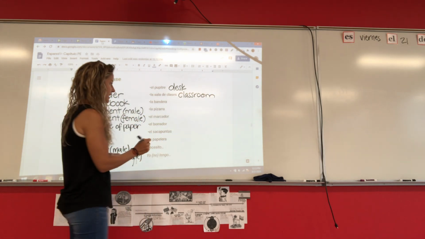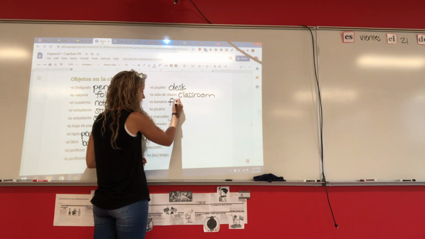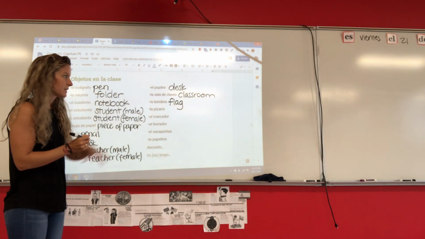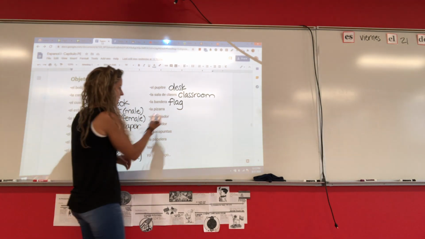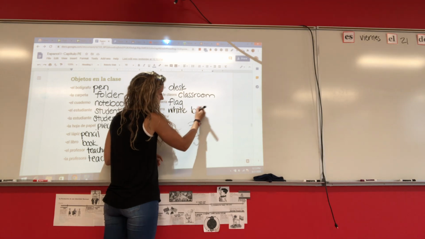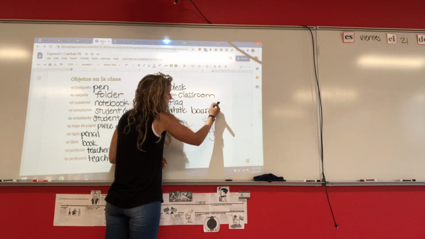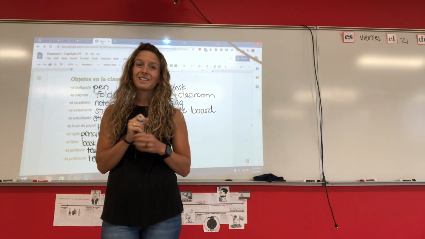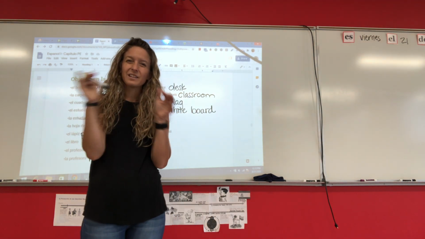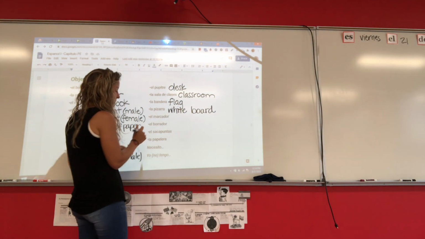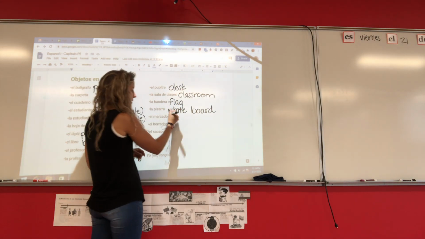All right? La bandera is the flag. La pizarra is like the board, the whiteboard. Okay, if we use those small marker boards in class, they're called las pizarritas. It's like little whiteboards. When we add that ita onto it, it's like a little whiteboard. Las pizarras, las pizarritas. El marcador is a marker.